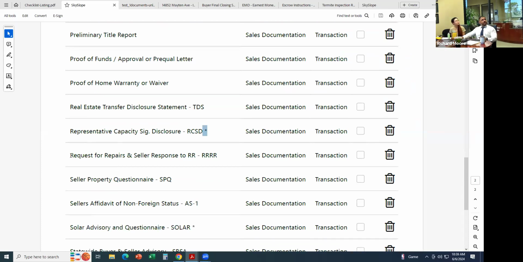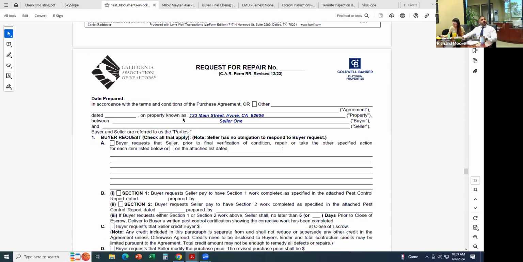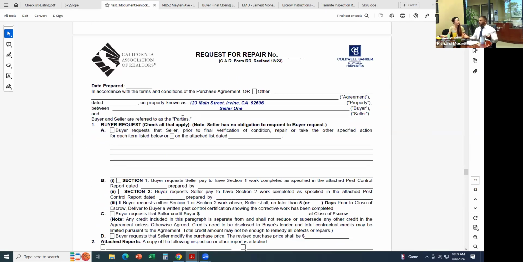Hope it's not confusing. The next form is the request for repairs and seller's response to request for repairs. And with this, you might only need a request for repairs. If it's sold as is and the buyer's not requesting anything, then you're not gonna need this. But it's still required, because in most cases, people request some repairs.